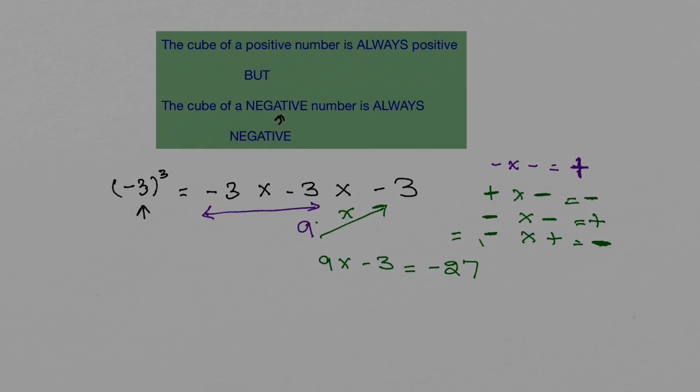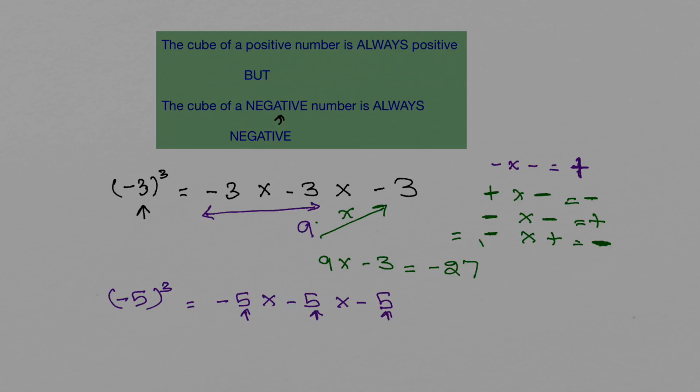Let me do one more example for you, so then it will be a lot more clear. So let's say you go minus 5 cube. First thing you would do is write minus 5 times minus 5 times minus 5. The rule of the cube is to basically times the number by itself 3 times.